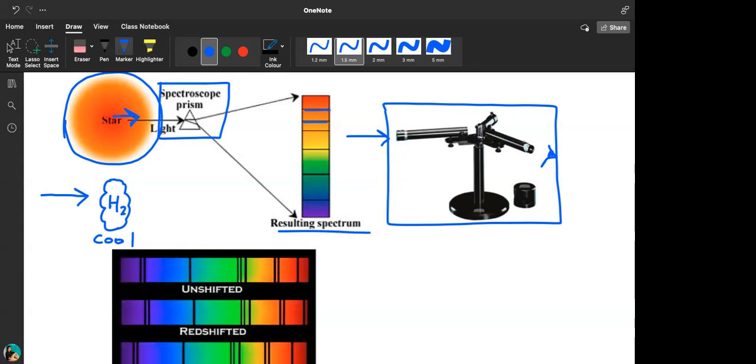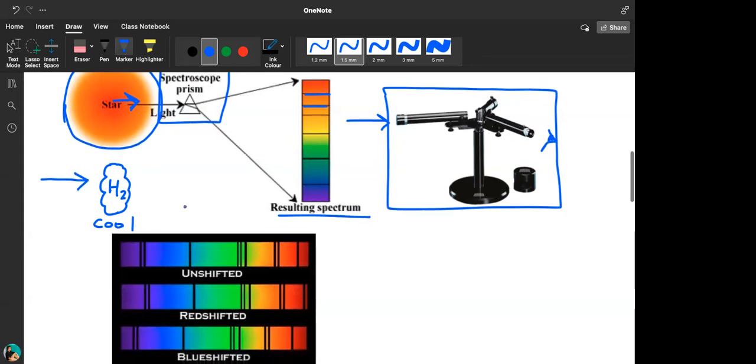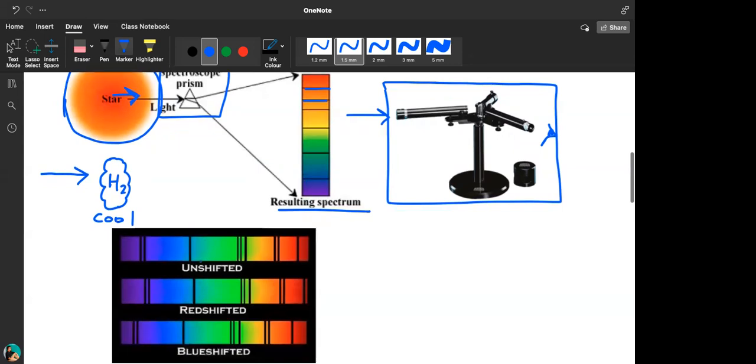So first we get the spectrum from the stars, and then we compare it with the actual spectrum of hydrogen. So we know that this consists of hydrogen. Then we compare the pattern of the hydrogen from the sun with the pattern of the hydrogen from the lab. And we found that all the black lines are slightly shifted to the right.